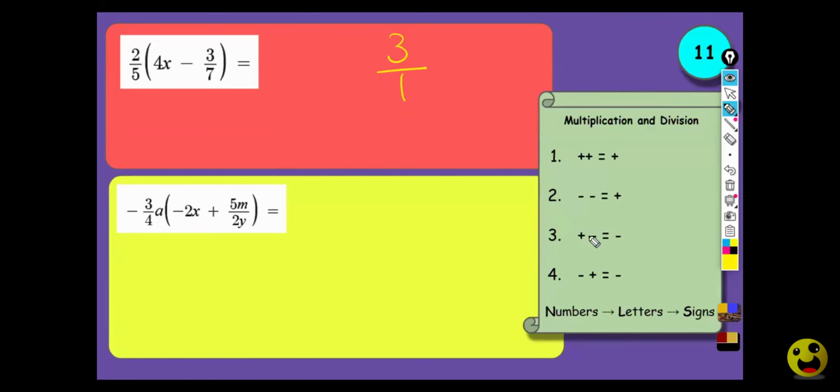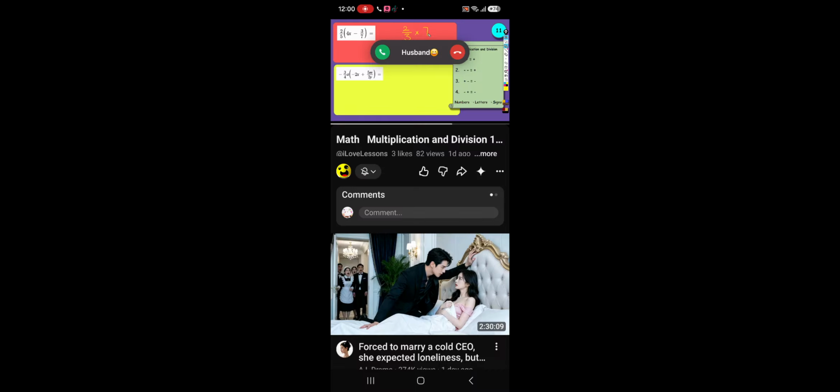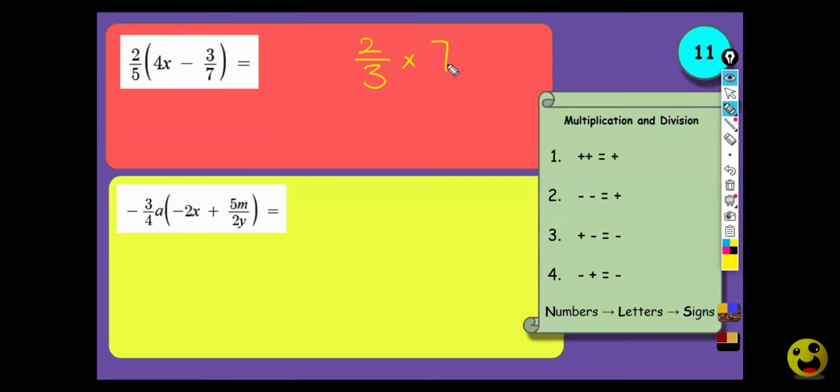So where am I going with this? Suppose one day I come and ask you to multiply 2/3 by 7. I just told you you can only take a fraction and multiply by another fraction.